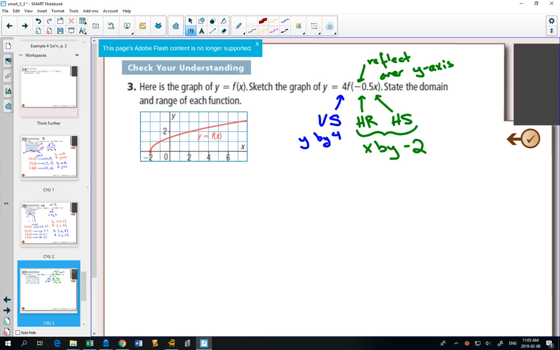To figure out what's going to happen to our graph as a result, we can take some key points on our original graph. So on our original graph, we notice that we have (-2, 0), (-1, 1), (2, 2).